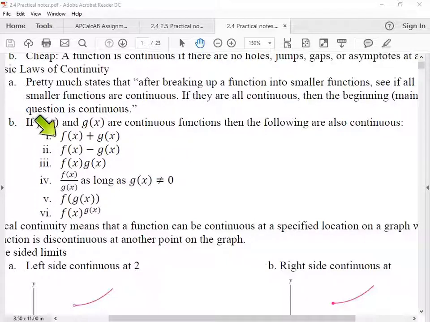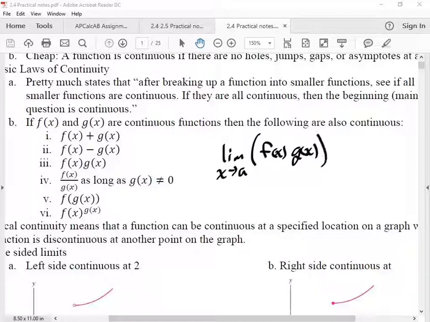The idea with limits is that if you have a function that is two different functions adding together, you can break them apart and find the limit of each of those functions. And then, in this case, you would add them together. So let me write something out here. Let's say we had the limit as x approaches something, we'll say a, of f of x times g of x.